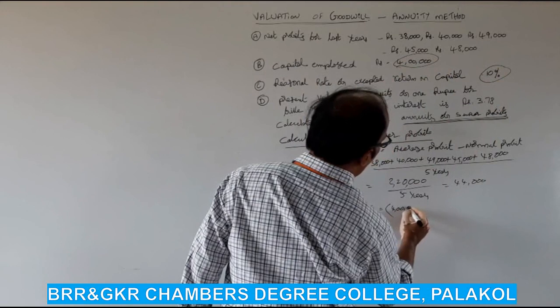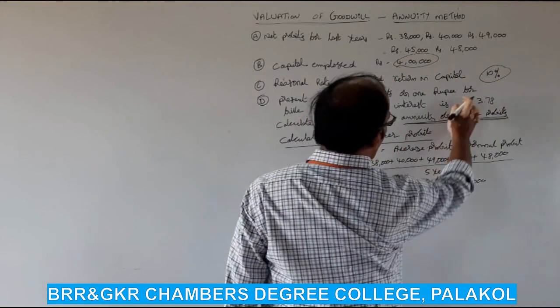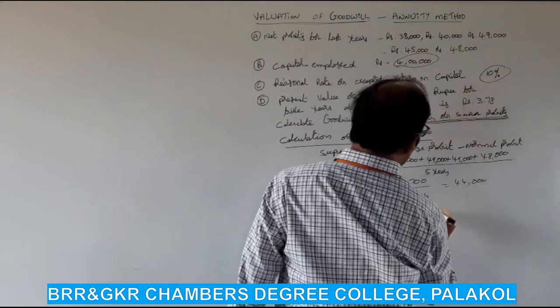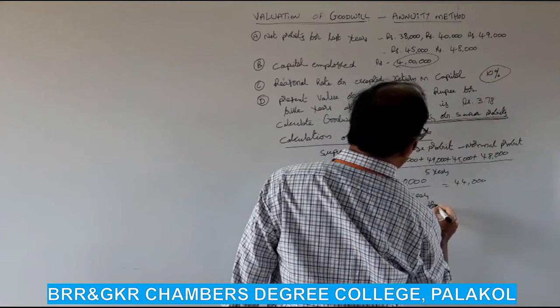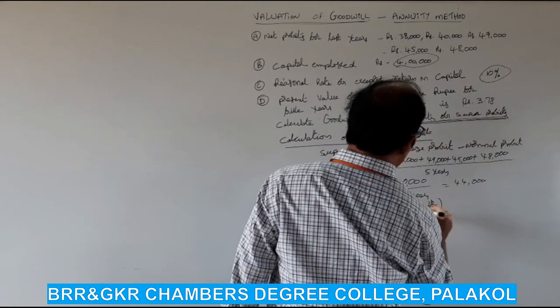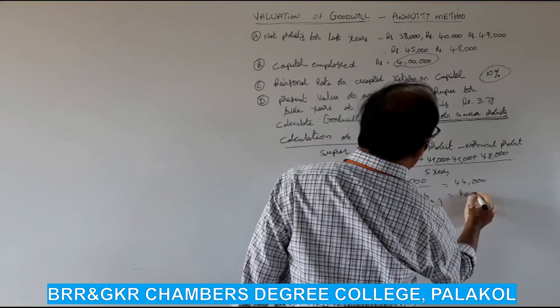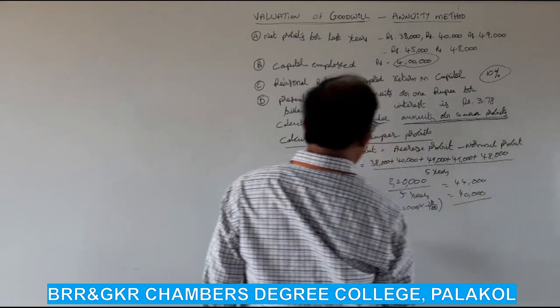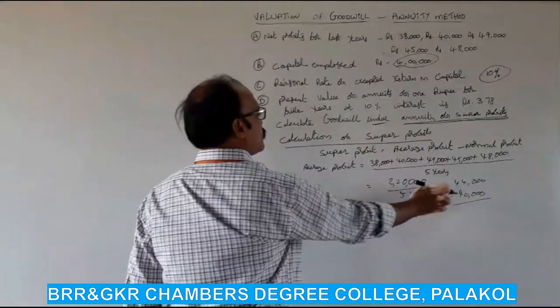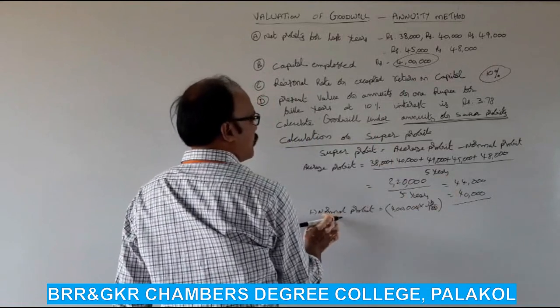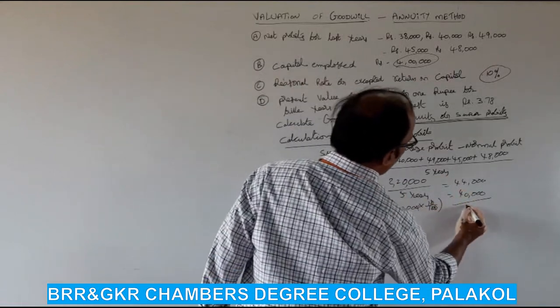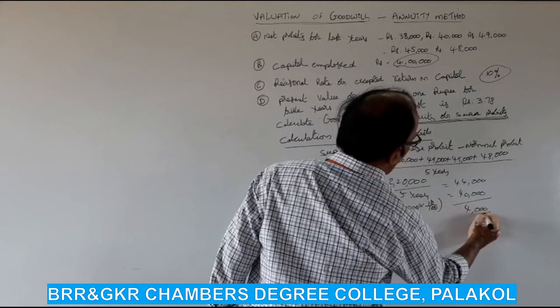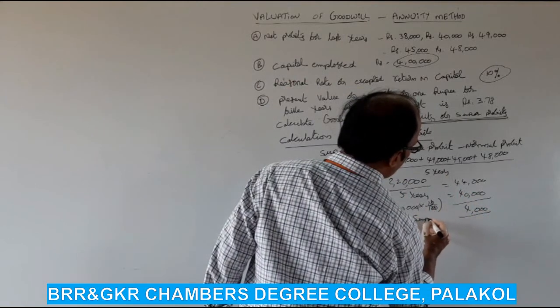Capital employed 4 lakhs into normal rate of return 10%, that is equal to 40,000. Average profit 44,000, normal profit 40,000. Then we get super profits.